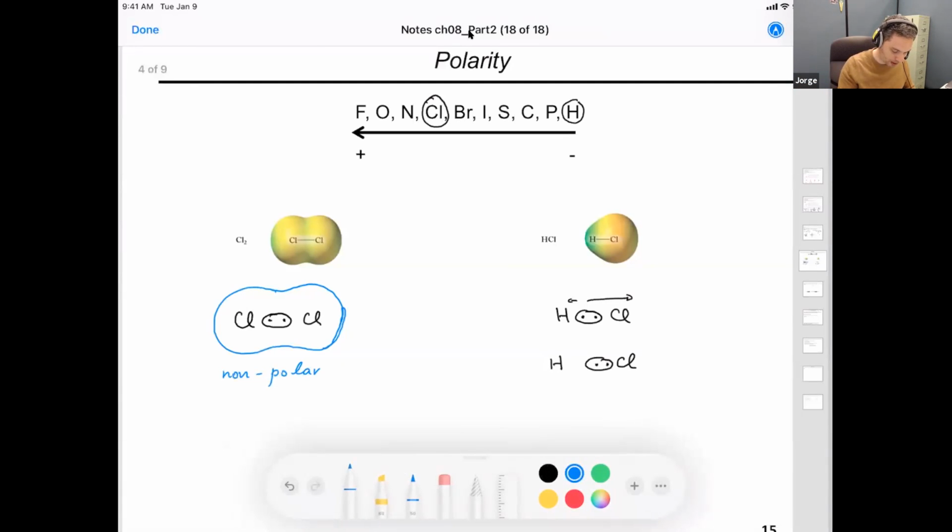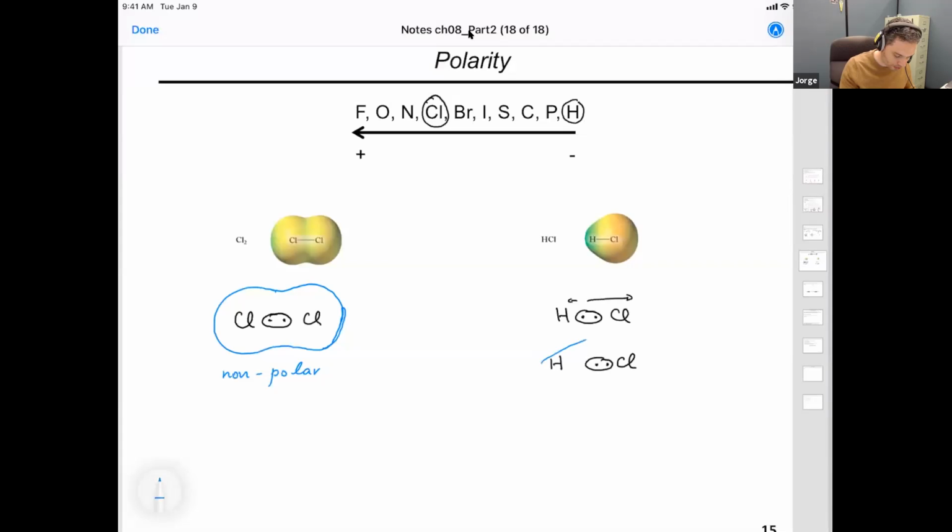If we could take a picture of the electron density of the compound, we would see a little bit around the hydrogen and a lot around the chlorine because of the high electronegativity of the chlorine. Therefore, we call this compound polar.